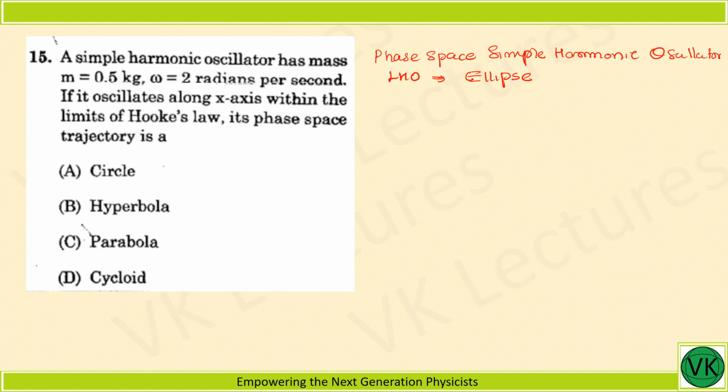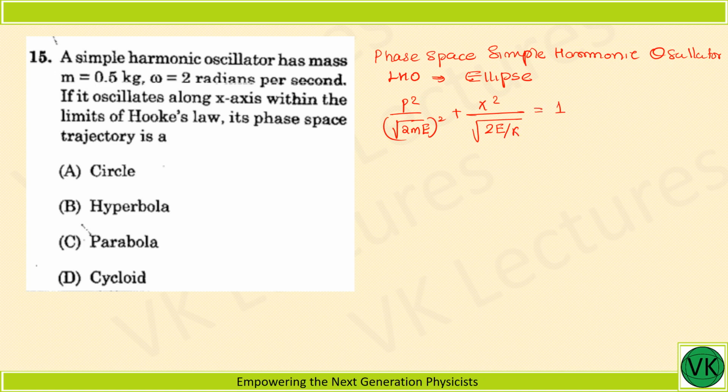And ellipse has a formula: p square divided by root of 2me whole square plus x square divided by root of 2e by k whole square equal to 1.